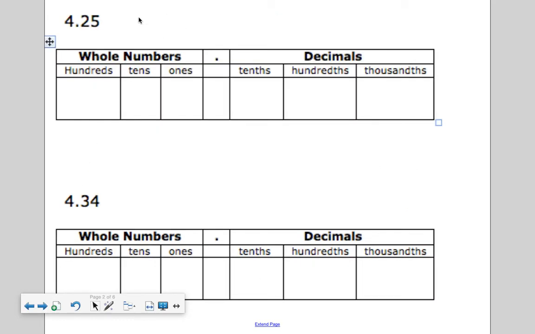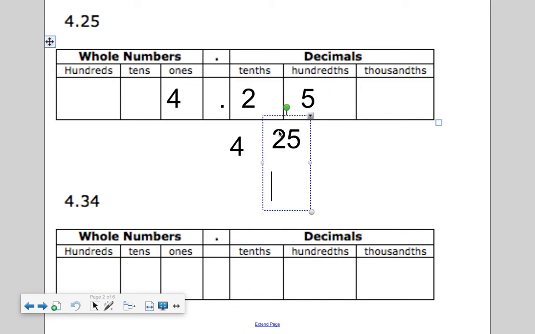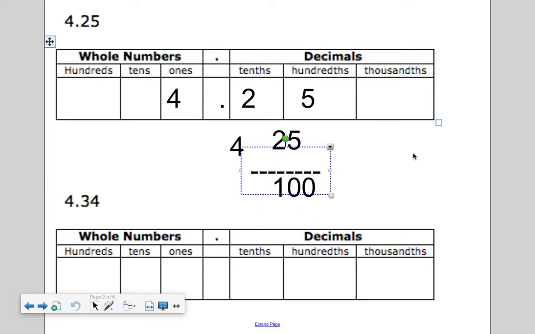Let's try two more examples. This says 4 and 25 hundredths. So I write it as 4. The fraction is 25 hundredths. Can I simplify this? Can I rename it into something else? Well, I know it's going to be 4.